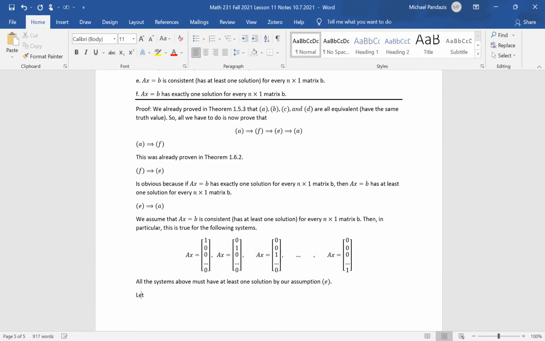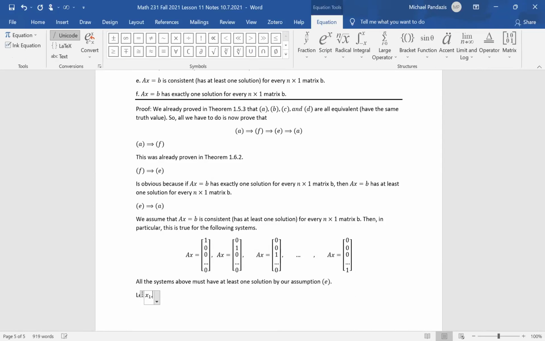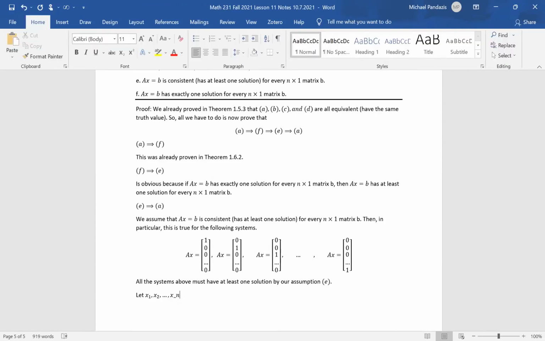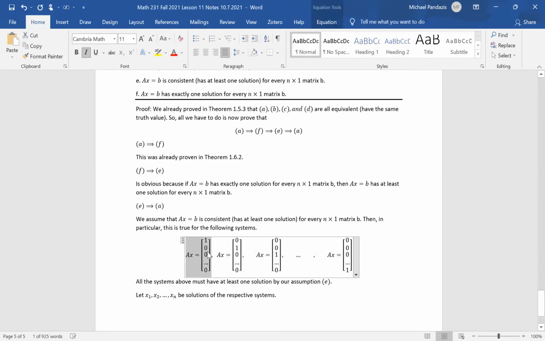Okay, let x1, x2, dot, dot, dot, xn be solutions of the respective systems. So x1 is a solution of AX equals this first one, so AX1 is equal to that.